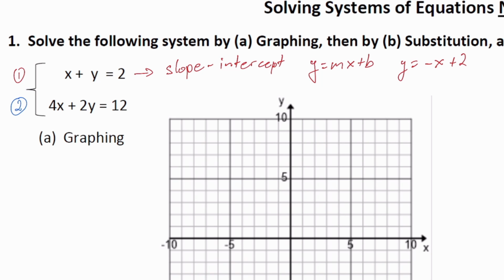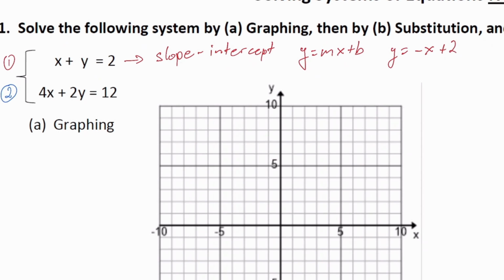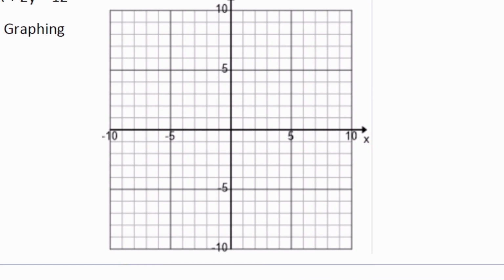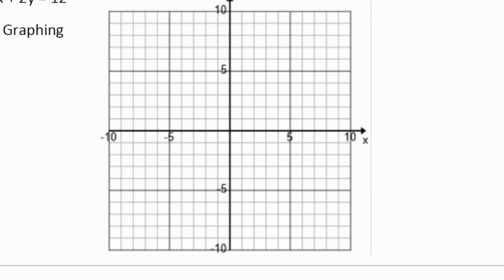And what that means is I have a slope of negative 1 and a y-intercept of 2. So if I come down on my graph, my y-intercept is going to be up 2 spots. So 1, 2, it's going to go right there. My point there. And then I have a slope of negative 1, so I'm going to go down 1 and over 1. Do this a couple times.